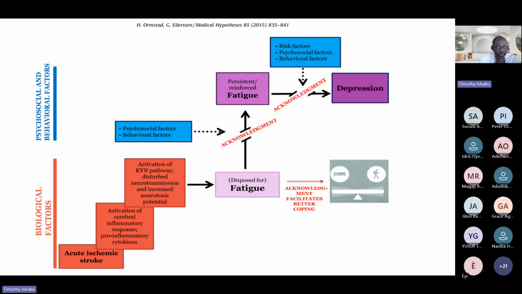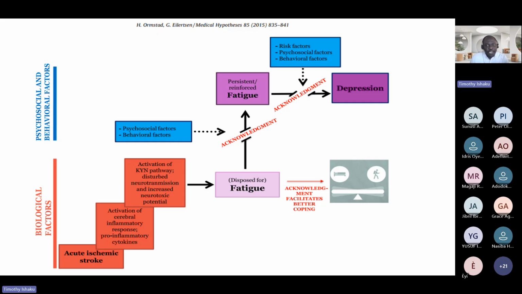Now, we know that the process begins with, let's say, a stroke, an acute ischemic event, where there is occlusion of the blood. Once the event happens, it triggers activation, the next layer of the red box, of cerebral inflammatory processes in the brain.